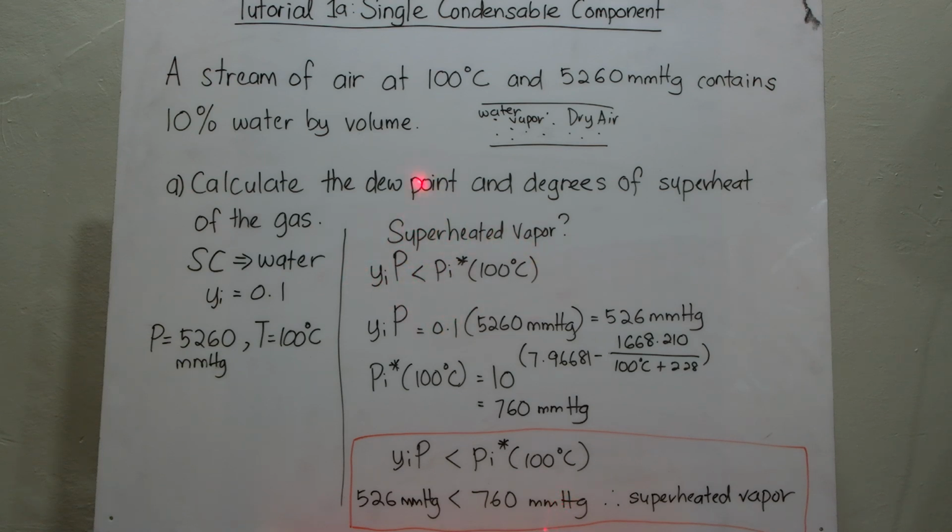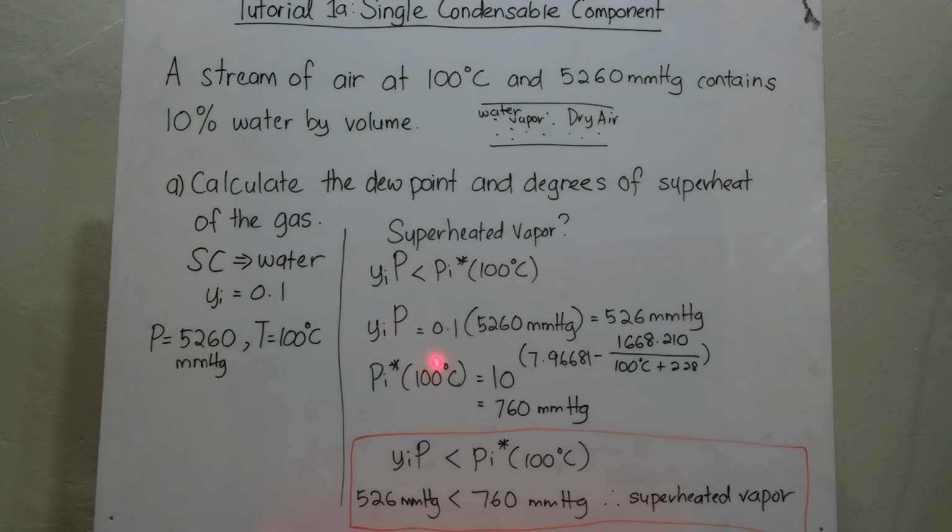If it's superheated vapor, it has to fulfill this condition: the partial pressure of the single condensable must be less than the vapor pressure of that single condensable at 100 degrees C, because the system temperature is 100 degrees C. So if it's superheated, the partial pressure of water must be less than the vapor pressure of water at 100 degrees C.